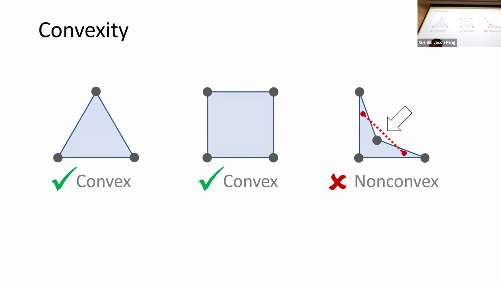Right. So the reason why we care about whether or not a shape is convex is that a lot of the downstream applications that we are going to use meshes for, things like geometry processing and rendering, a lot of those techniques become a lot easier if the shapes themselves are guaranteed to be convex.